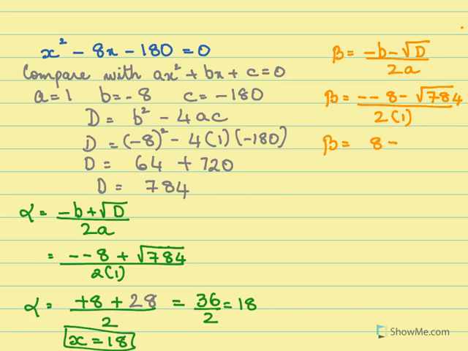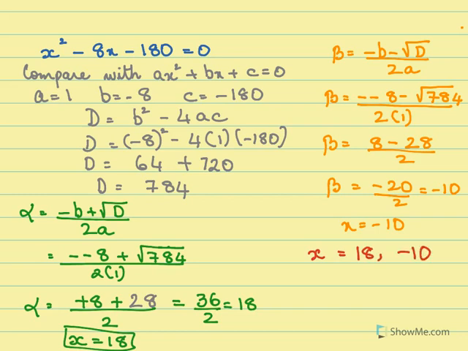So beta is 8 minus 28 over 2. Now this number is negative, minus 20 over 2, and that is minus 10. So my x is minus 10. So x has two values now: it could be 18 or minus 10.